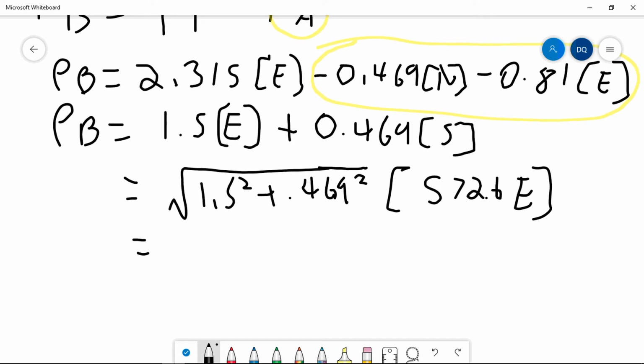So let me just quickly calculate this. Gives us the square root of 1.5 squared plus 0.469 squared. Gives the square root of 2.47.